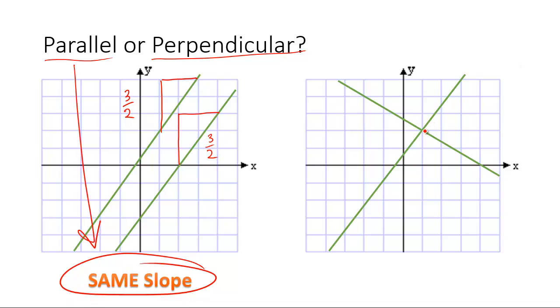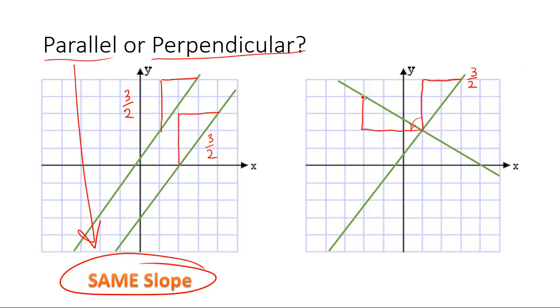What if they're perpendicular? Well, this one is 3 over 2. But you'll notice to make a 90-degree angle, you can imagine rotating this L shape by 90 degrees and it would fall just like this. So you know that the lines are at a 90-degree angle also. But what happens to the slope then?